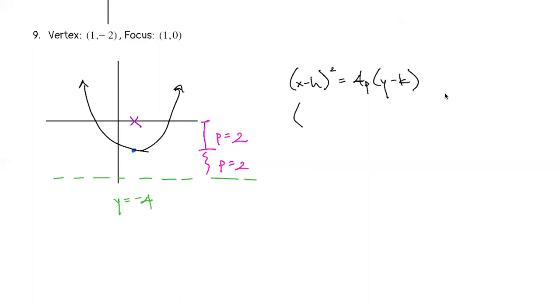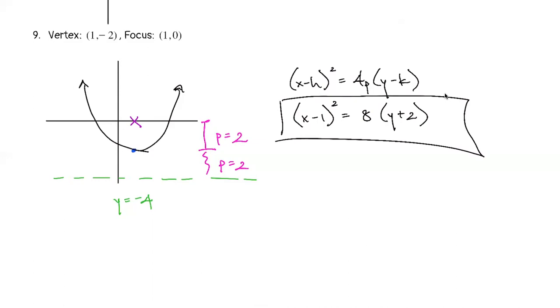Where's that center? x minus 1 squared equals, let's leave a space, and then y plus 2. All right, so if p is 2, then this coefficient is 4 times 2, or 8. And I don't need to make it negative because it's not pointing down, it's pointing up. And there we have it, our equation for the parabola, okay?